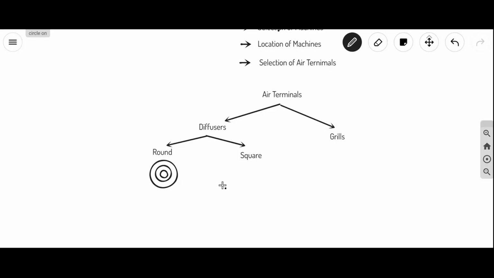This is round. So this is how a square diffuser looks.